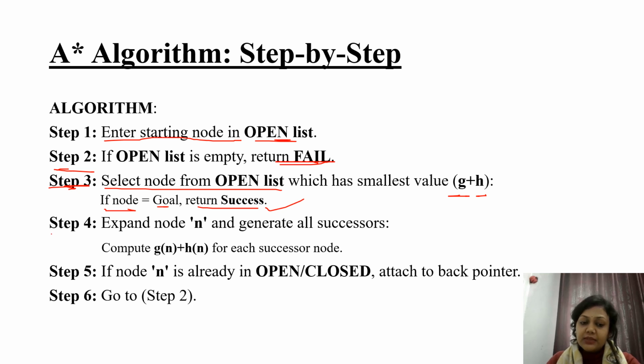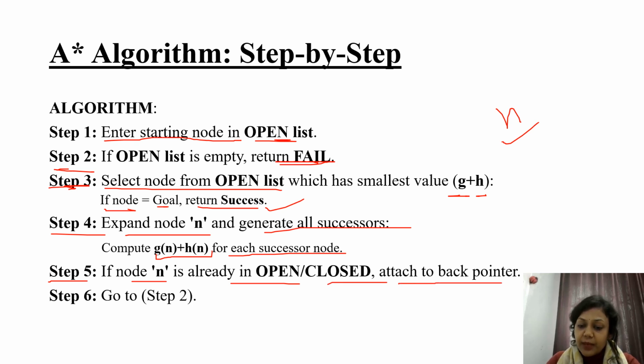The next step is to expand node N and generate all the successors. If it is not the goal, we have to expand this particular node N and generate all its successors. Now we will compute G(n) plus H(n) for each successor node. Next step is, if node N is already in the open or closed list, then attach it to the back pointer.